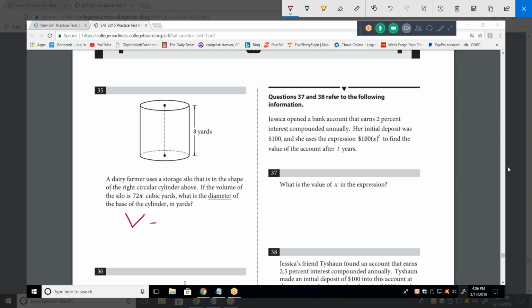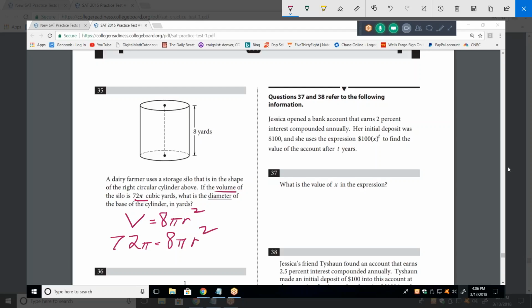It's the area of the base, pi r squared, times the height, which is 8. So they're giving us the volume, and now I can fill that in. 72 pi equals 8 pi r squared.